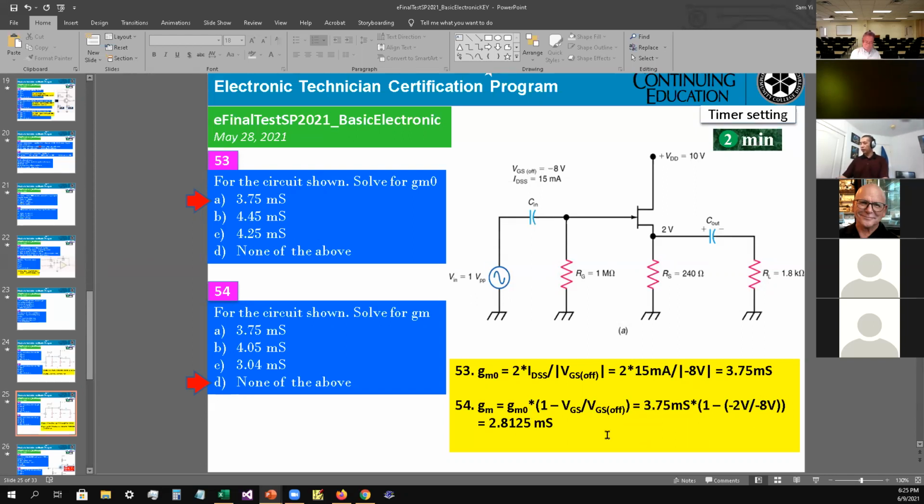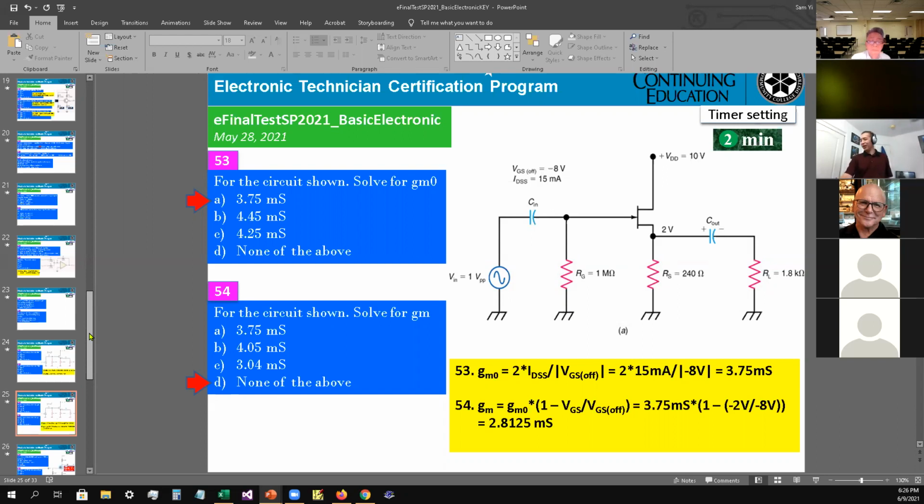That total together comes to 2.8125 millisiemens. So in this case, it's not A, it's not B, it's not C. So the answer is D, none of the above. Okay. Any question?